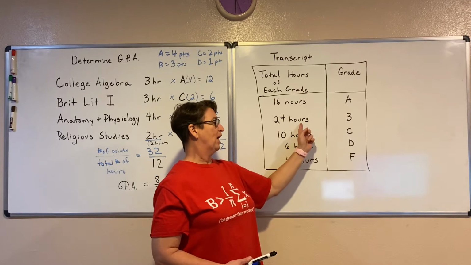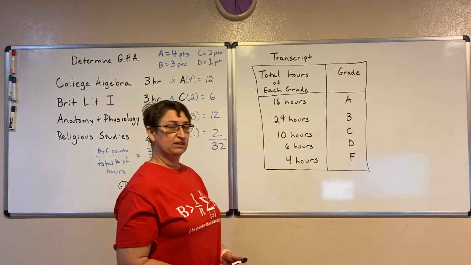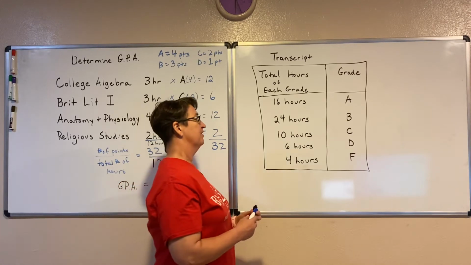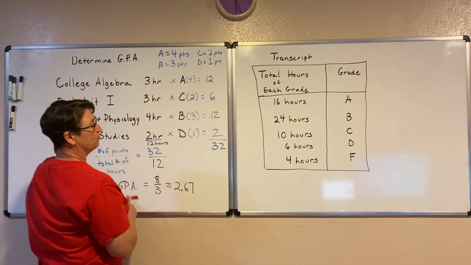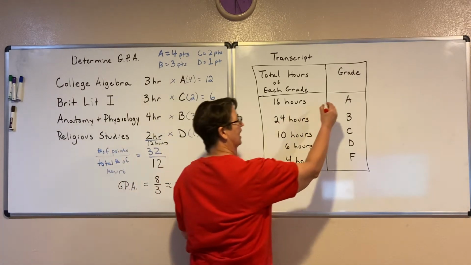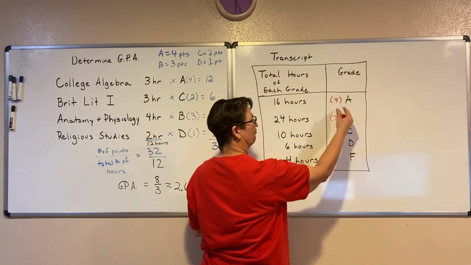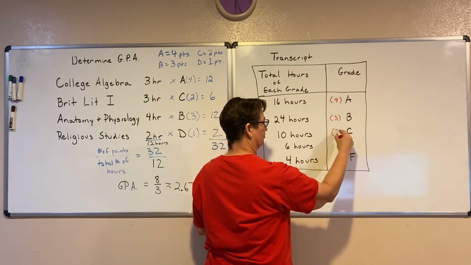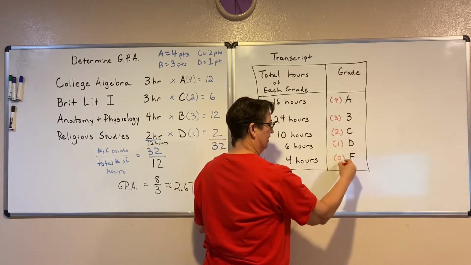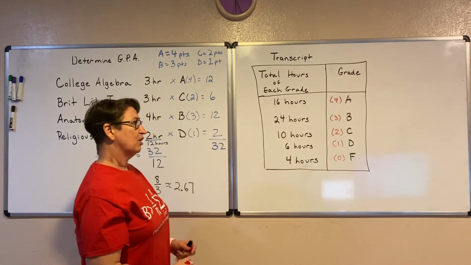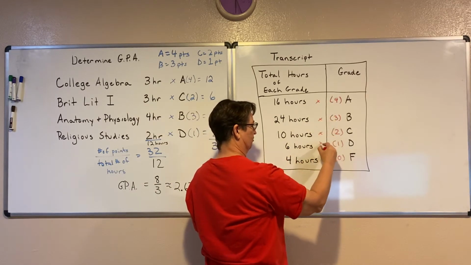There were 24 hours worth of B's, 10 hours worth of C's, 6 hours worth of D's, and 4 hours of F. And again, what we're going to do is multiply the number of hours times the point value of each of these. An A is worth 4 points, a B, 3, C, 2, D, 1, and then an F, 0. So we just take the number of hours and multiply it times those number of points.